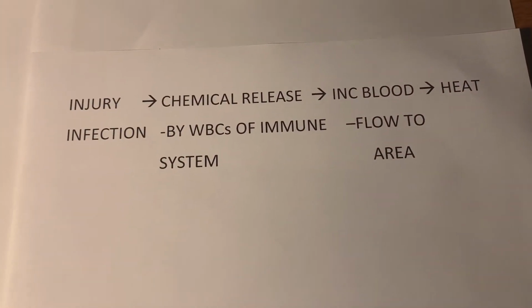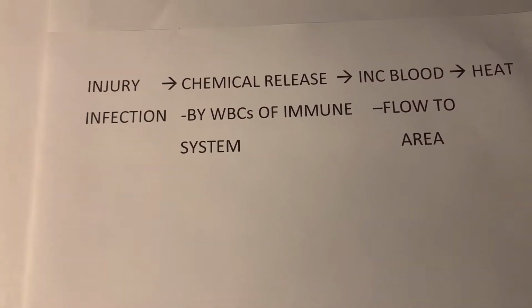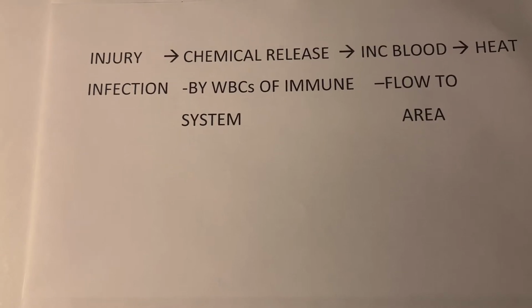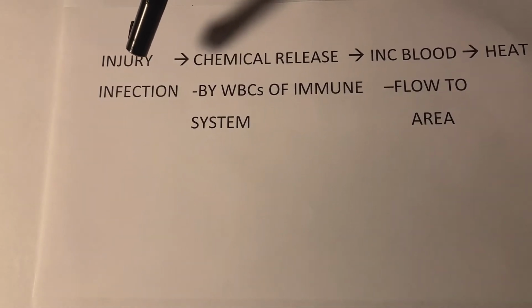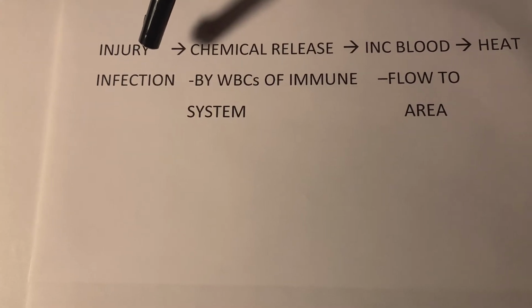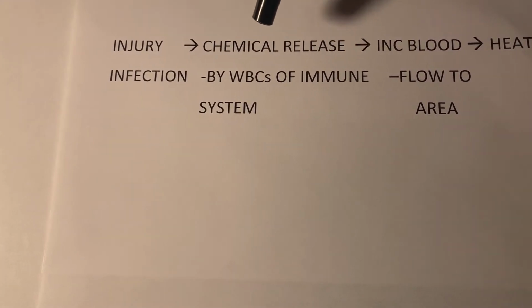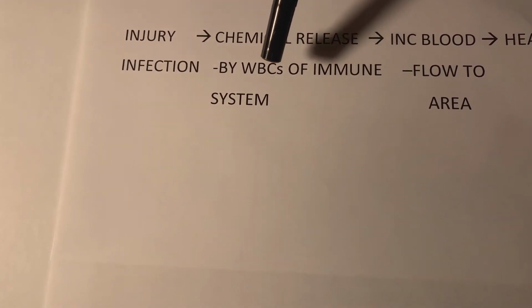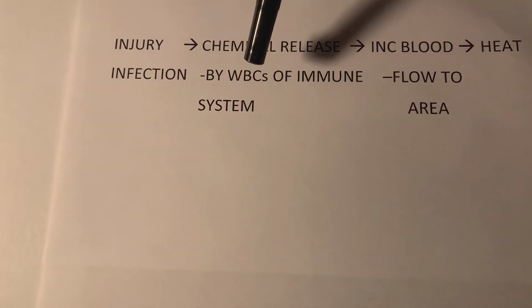How exactly this happens is complex. When an injury occurs, such as an infection or a physical injury, white blood cells in the area release chemical messengers. These white blood cells are typically immune cells.